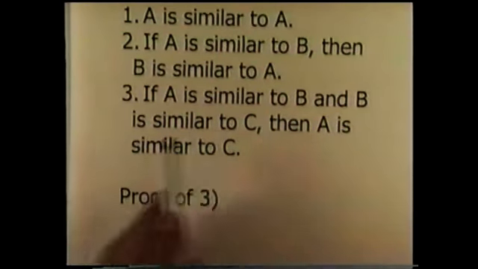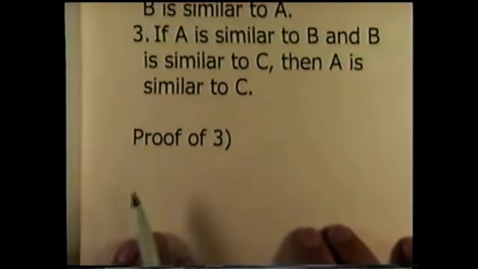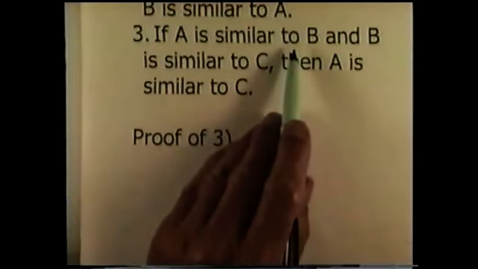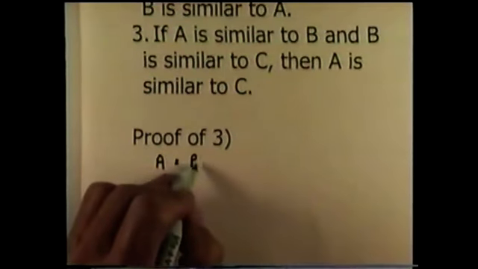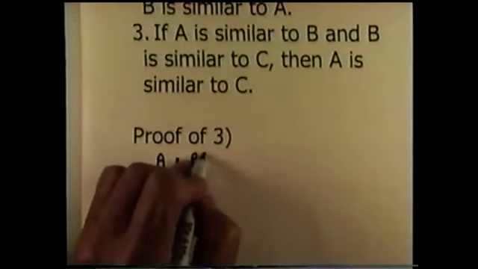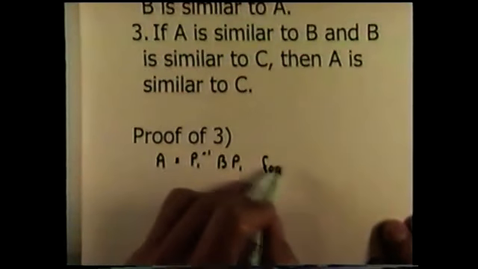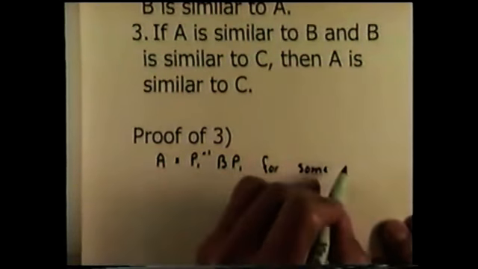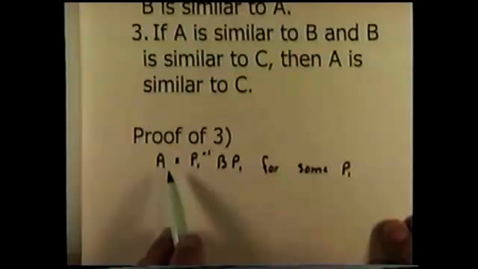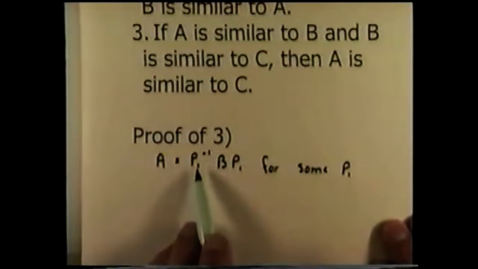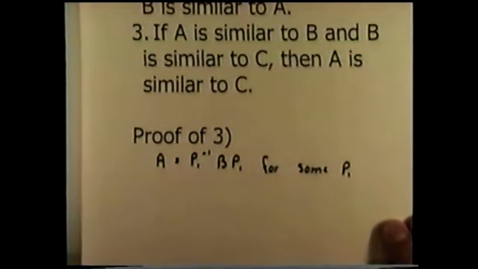If A is similar to B and B is similar to C, then A is similar to C. Now if A is similar to B, then there is an invertible matrix P1 such that A is equal to P1 inverse B P1. That's the definition for A being similar to B.